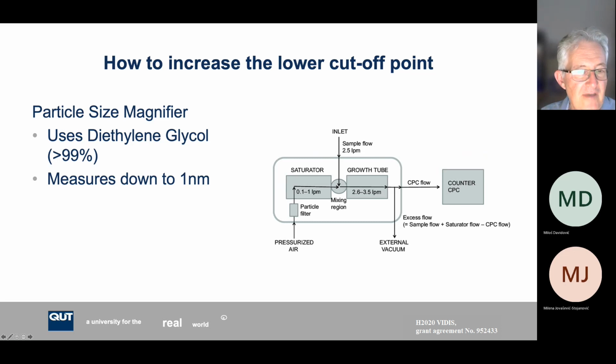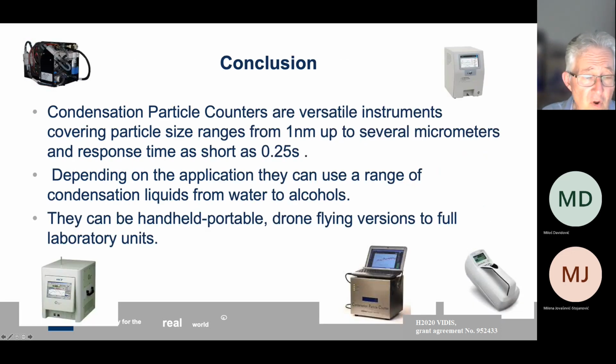You change the activation diameter, so you can actually get a size distribution of aerosols from around 1 to 10 nanometers. So in that very, very small size range, just by using a particle counter. Interesting devices.